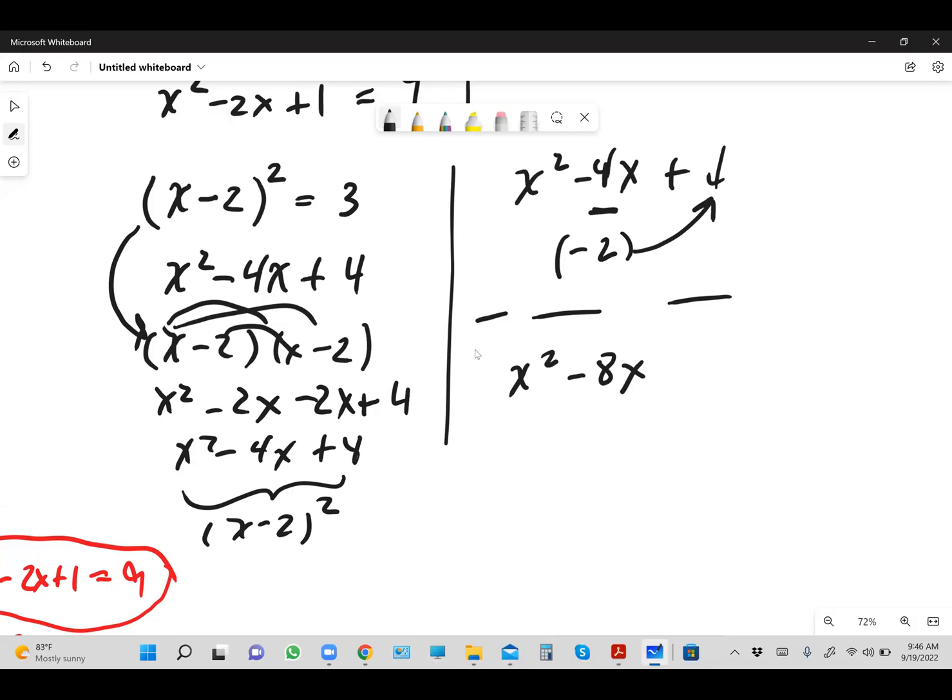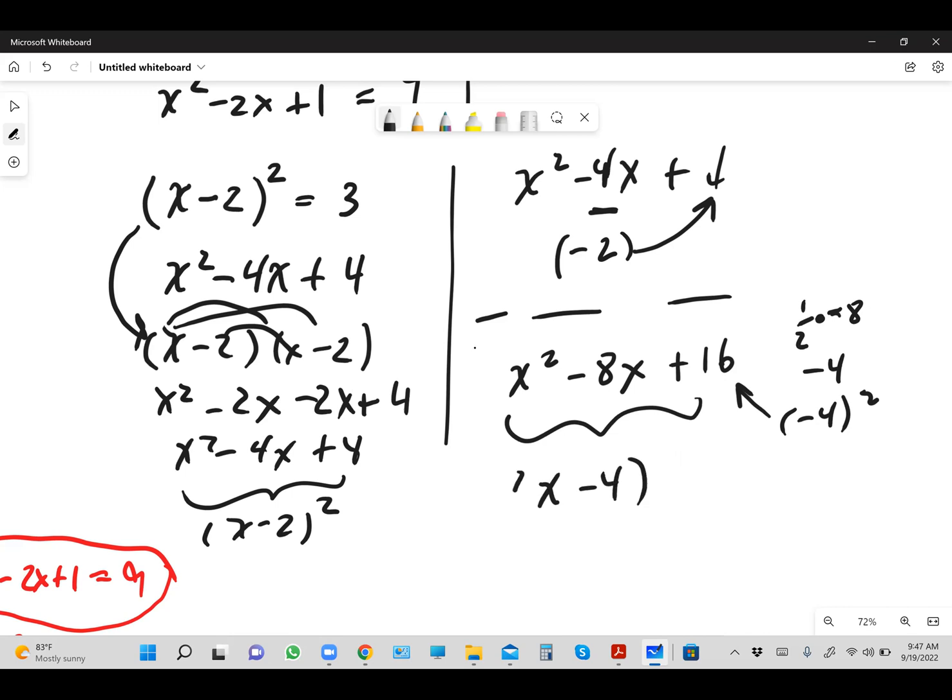And there you go. So what's negative 4 squared? If I added 16 here, half of negative 8 is negative 4, negative 4 squared is 16. So now I can rewrite this as x minus 4 squared. That's called completing the square.